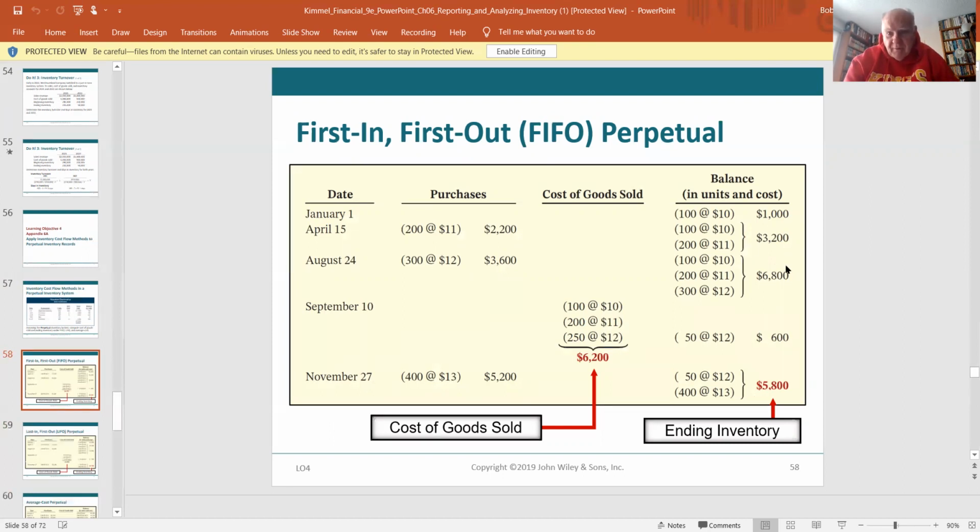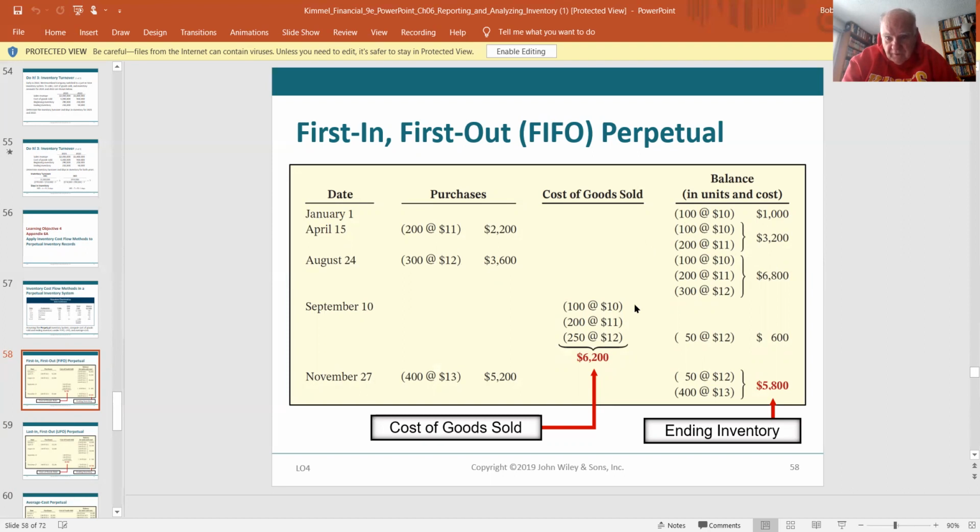So look what we have here. We had a beginning inventory of 100. Then we purchased 200 more at 11, 300 at 12. And they're working out the arithmetic here. And then they had shipments of, well, how much is that? That's 550.